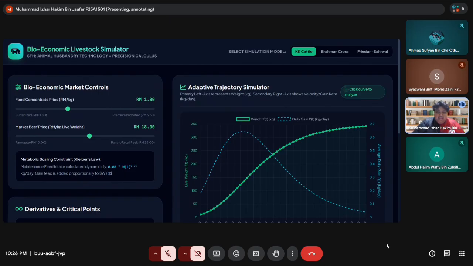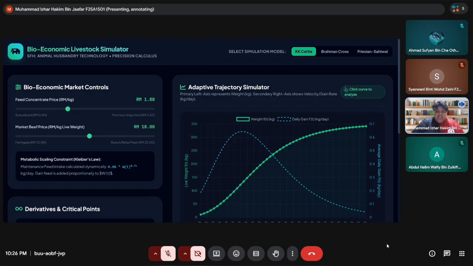Next, we have the growth model. This graph shows how cattle weight changes over time. At the beginning, growth is relatively slow. Then the animal enters a period of rapid growth before gradually slowing down as it approaches maturity. This pattern reflects realistic biological growth observed in livestock. The model allows users to visualize how weight develops throughout the animal life cycle.